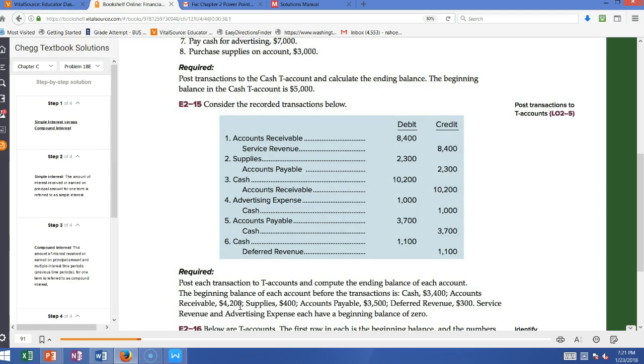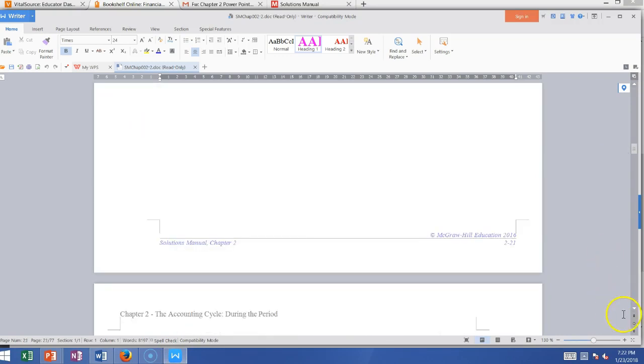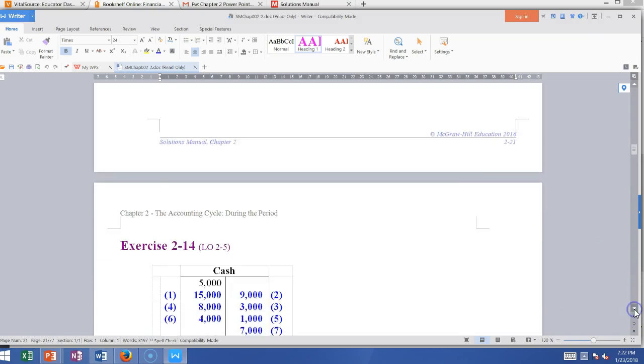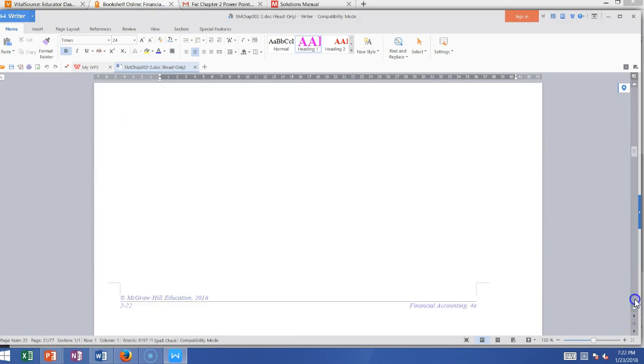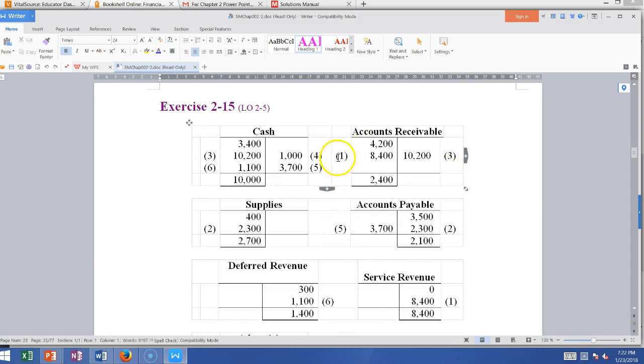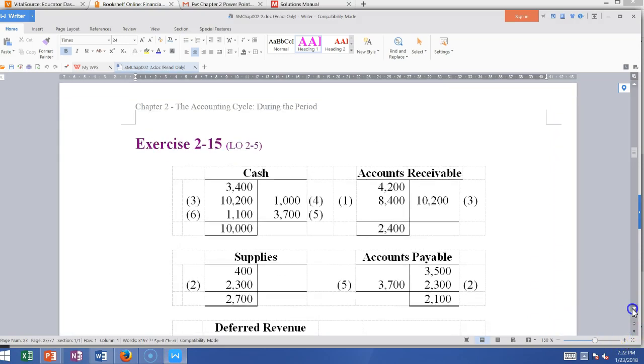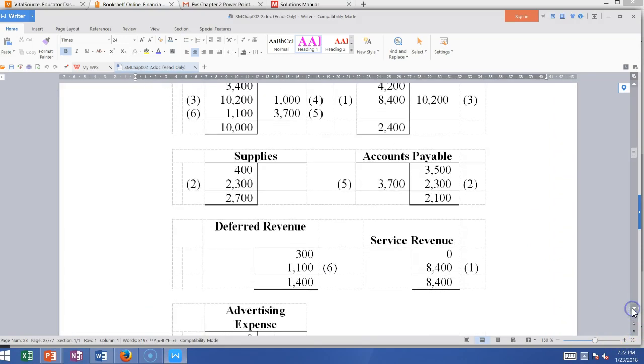So I want you to now go to your T accounts and right next to accounts receivable, you see where this account is? Put a 1 here, put a debit on accounts receivable here. See there? And then we're going to go down to service revenue.